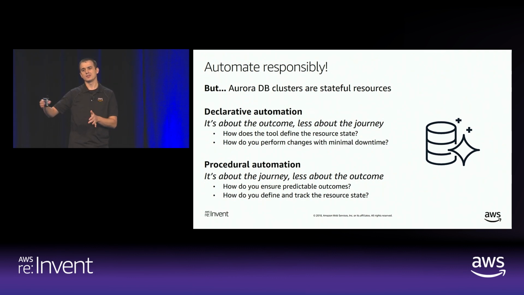And then 6 months later, you need to make a change. You update your template, you let CloudFormation or Terraform, whatever the tool is, go and make those changes, right? Now, the question there is, does CloudFormation or that tool reflect the state or data changes that you've made to your cluster over that period of time? And the answer is no, most of the time, right?